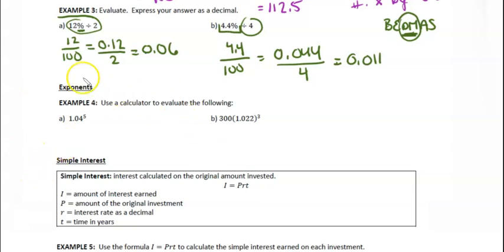Okay, now exponents. Example 4, use a calculator to evaluate the following. So just simply put 1.04 to the exponent 5 in your calculator. This is just making sure that you know how to use the exponent button. Your exponent button may look like a little hat, like an arrow going up.